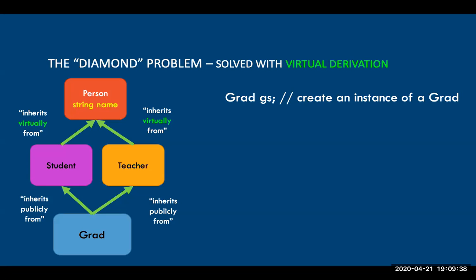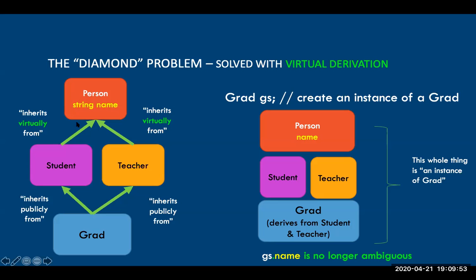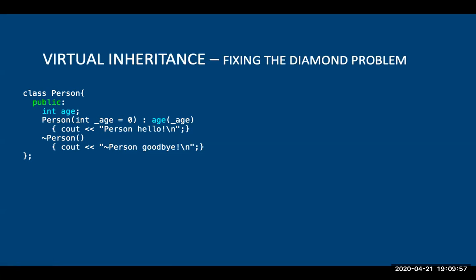So here, if I say I still want to create a grad and I want this kind of result, what's the code that's going to allow me to create that? I have to put some information into the way these things are derived so we can avoid that, right? So if we can inherit virtually from these things, then we can do that. And here's how that looks in the code. And sorry, this is not laid out hierarchically.